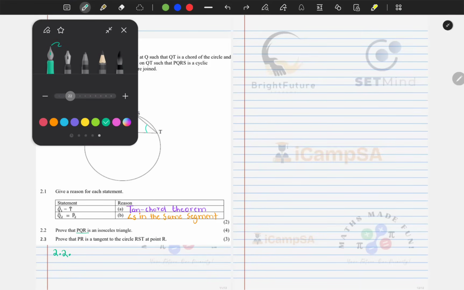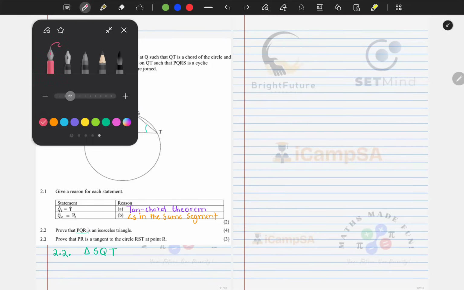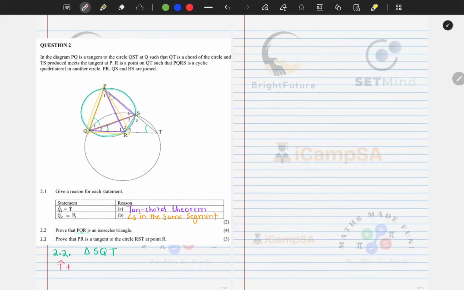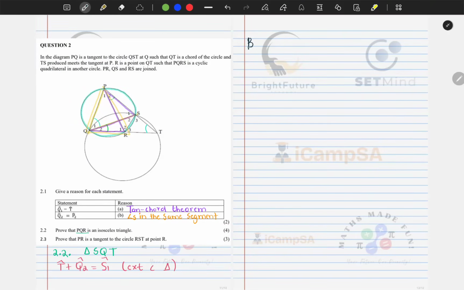So in order for us to prove this isosceles triangle, we are going to focus on triangle SQT. When you look at SQT, you should be able to see that angle T plus angle Q2 will be equal to angle S1, which is just the exterior angle of a triangle. But S1 is actually the same as R1.